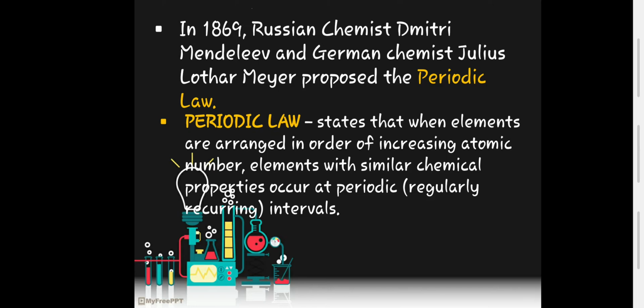That is the discovery of Dmitri Mendeleev, accompanied by Julius Lothar Meyer. The periodic law is the arrangement in order of increasing atomic number of each element. Always remember that.